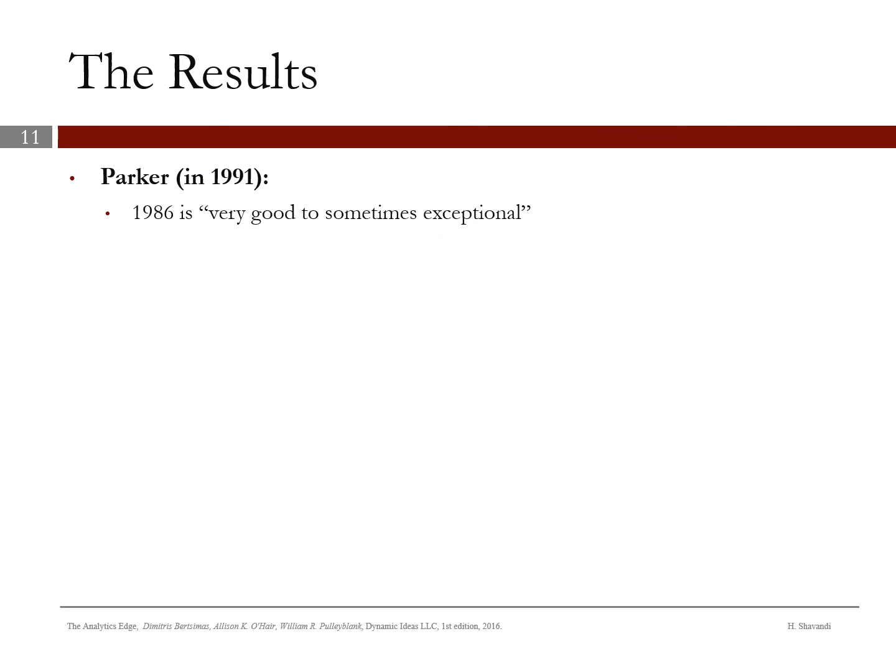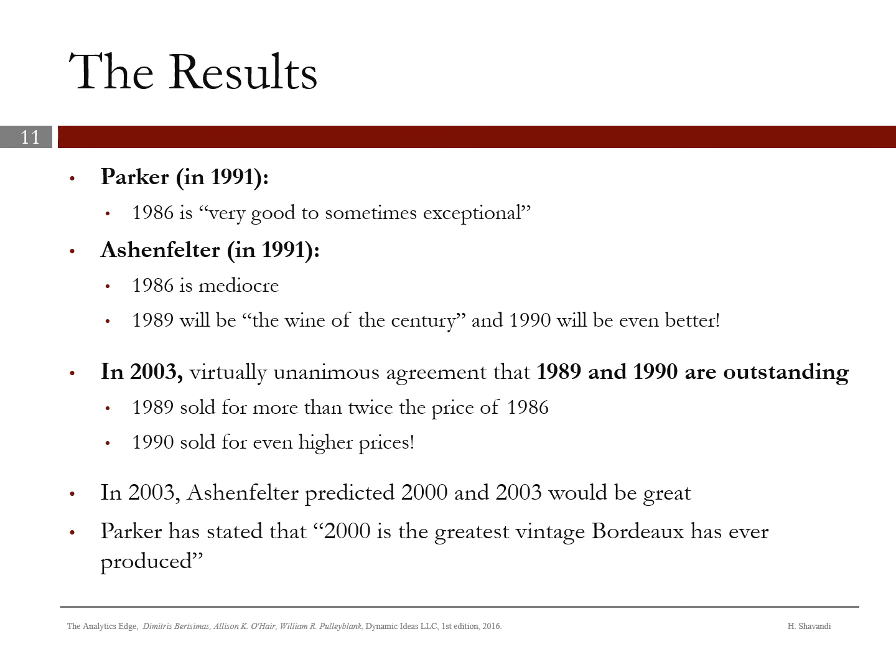The results here are for the Ashenfelter regression model compared to the experts' predictions. In 1991, Parker, as an expert in tasting wine quality, predicted that the wine of 1986 would be a very good one.